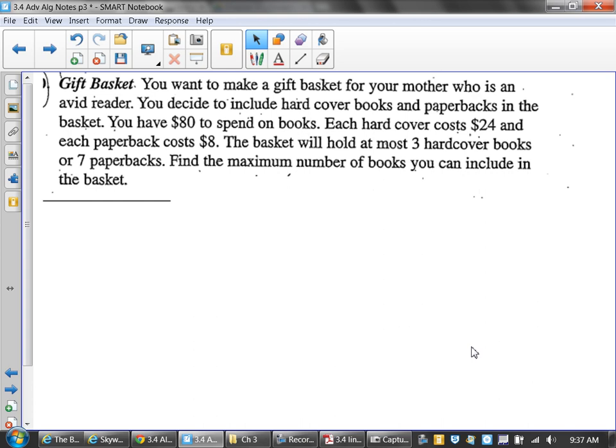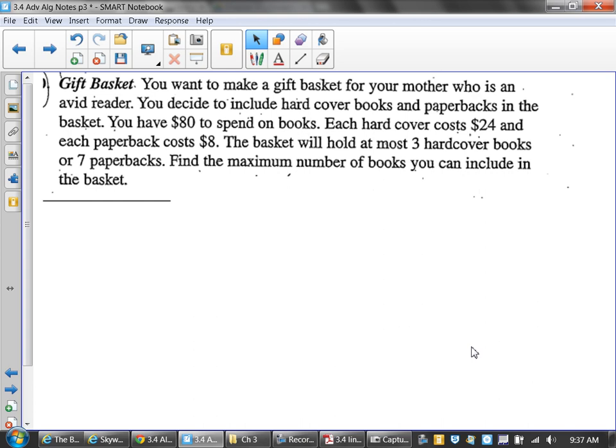You have $80 to spend. Each hardcover costs $24 and each paperback costs $8. The basket holds at most 3 hardcover books and at most 7 paperbacks. Find the maximum number of books you can include in the basket.